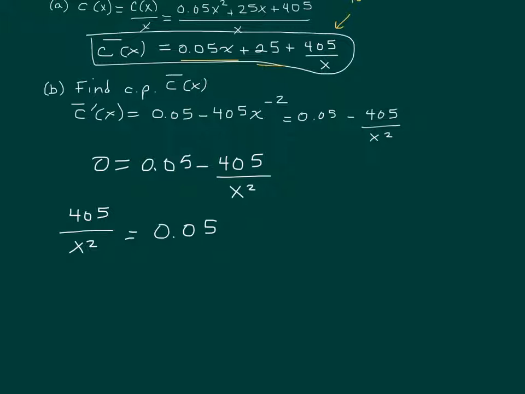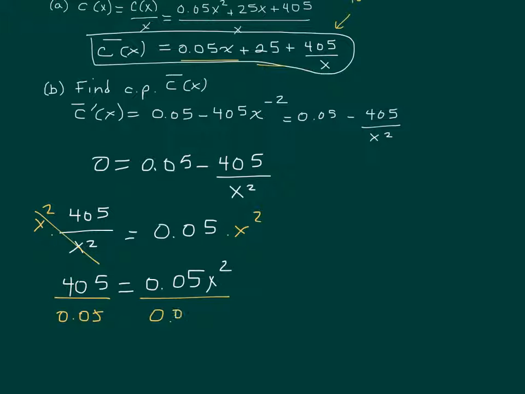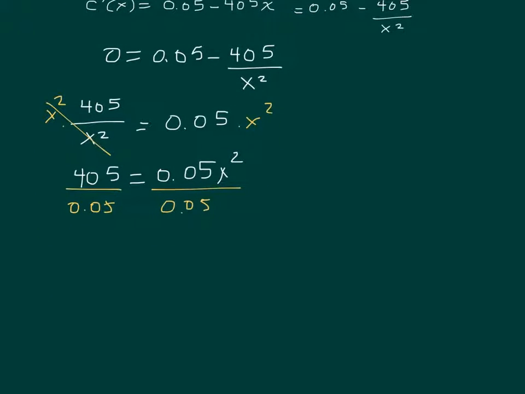Then I'm going to multiply by x squared on both sides. So I end up with 405 equals 0.05x squared. I'm then going to divide both sides by 0.05.